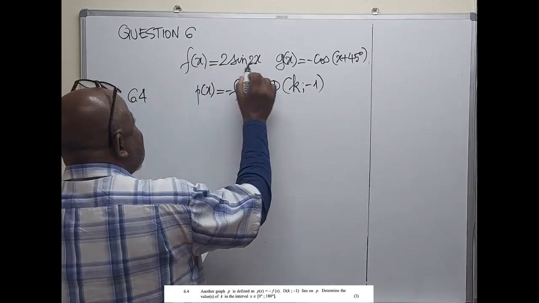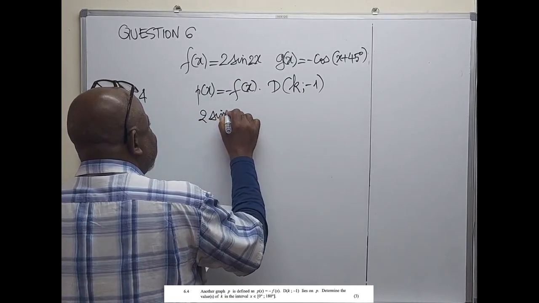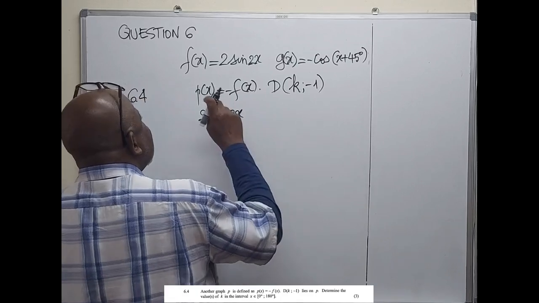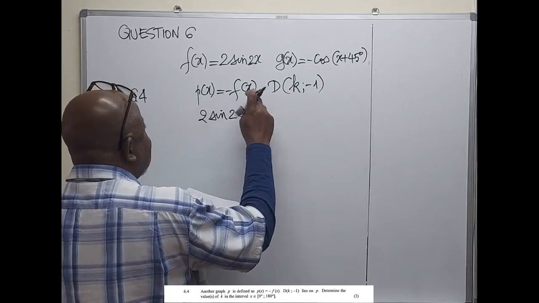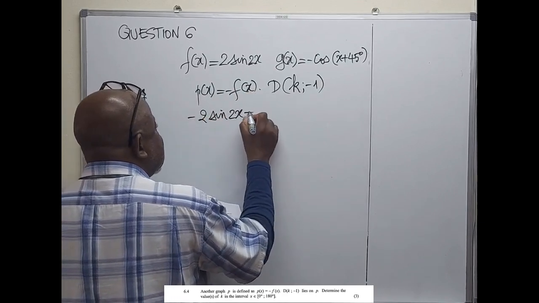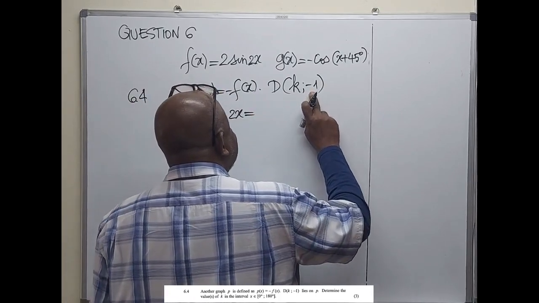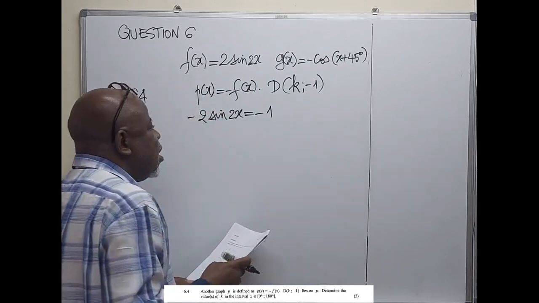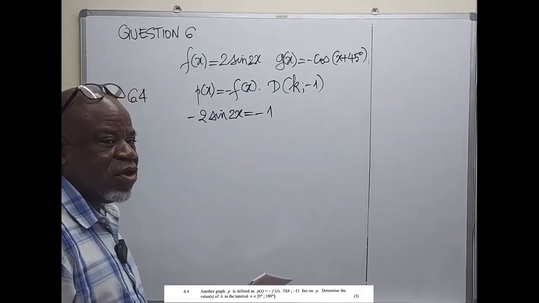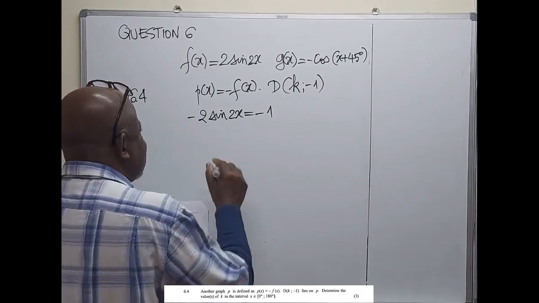So our f of x is 2 sine 2x. The other graph is going to be minus f of x, so we're going to have a negative, and it's equal to the second coordinate of point D, which is -1. So -2 sine 2x is equal to -1.